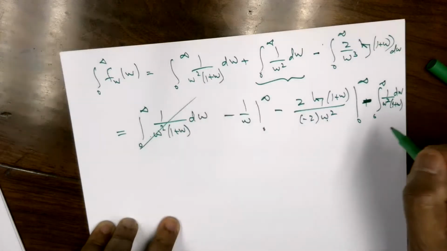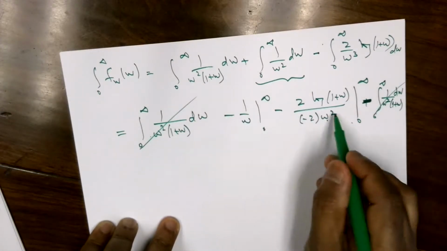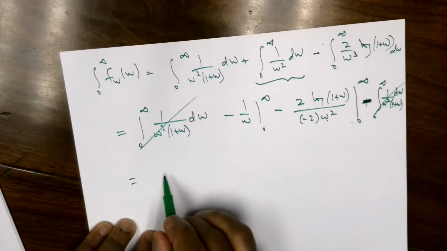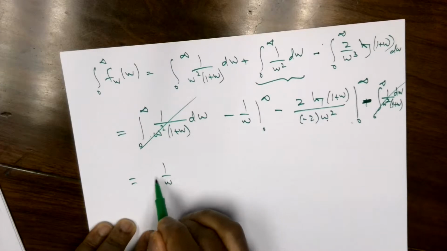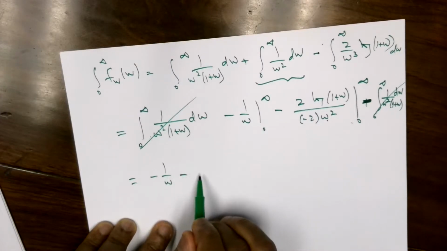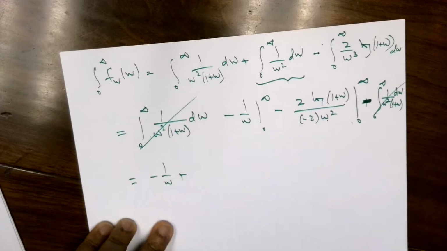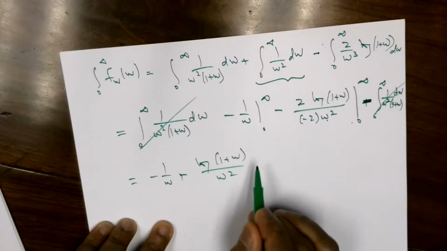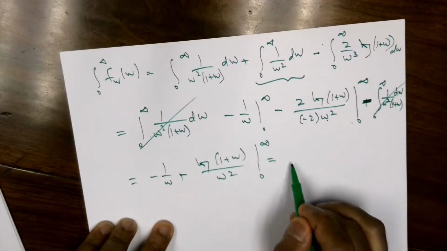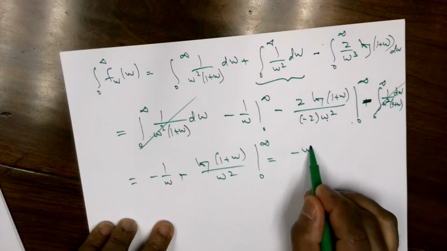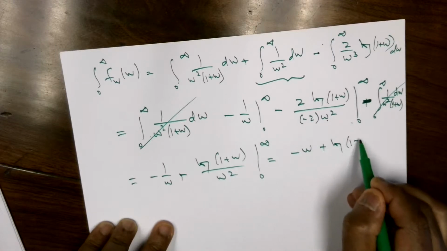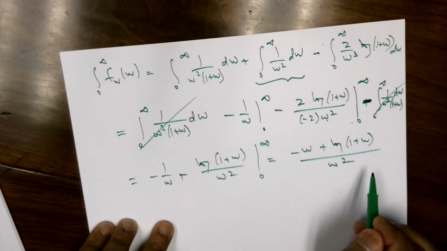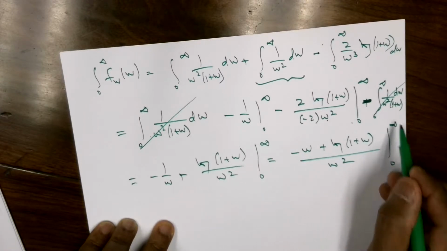The interesting thing is that this term and this term cancel. So we just have to deal with this same limit, so I'm going to couple them. This reads now minus 1 over w plus log of 1 plus w over w squared, 0 to infinity.